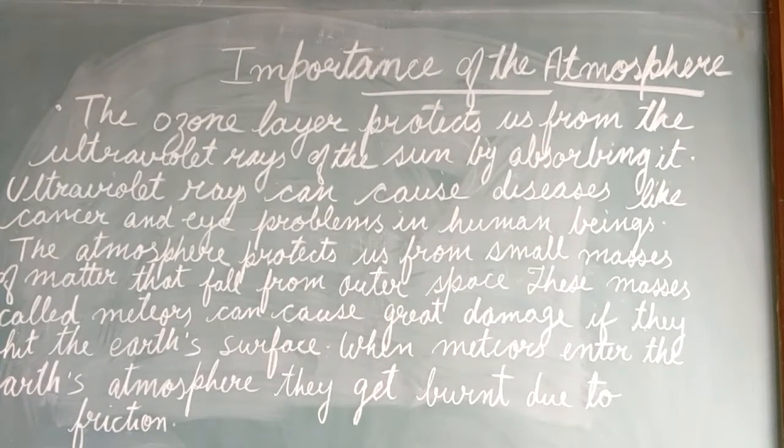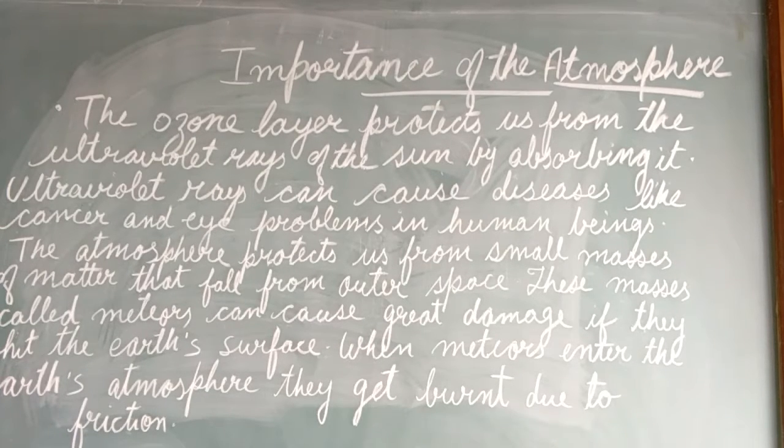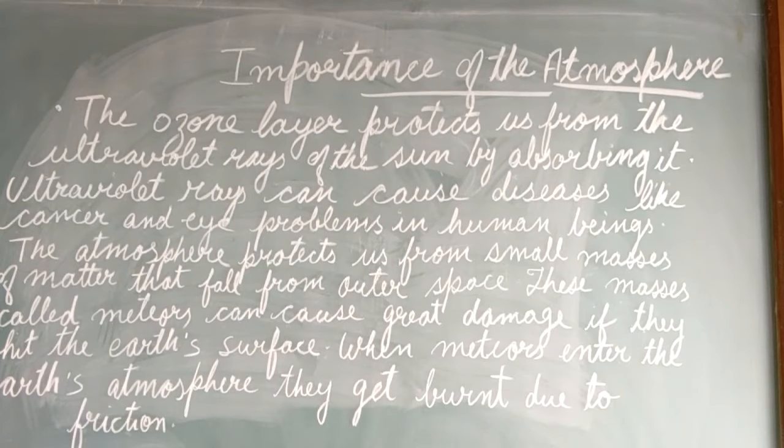In the next point, you have learned that the atmosphere helps to maintain the right temperature on the earth. It prevents the earth from getting overheated by absorbing a large part of the heat from the sun.